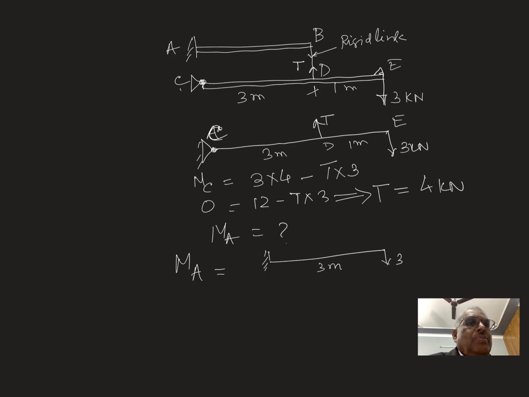So now the bending moment is 3 into 4. So this is 12 kilonewton meter. Bending moment is 12 kilonewton meter. This way this problem can be solved.